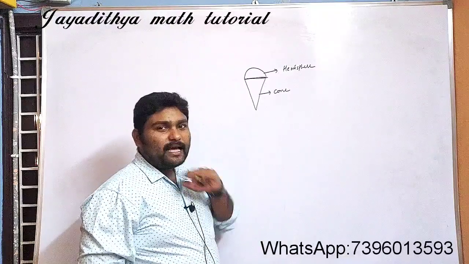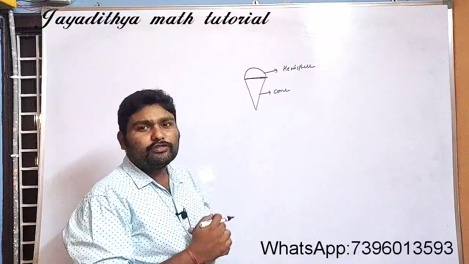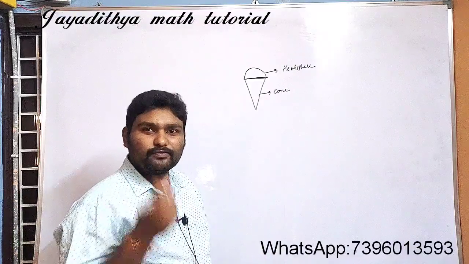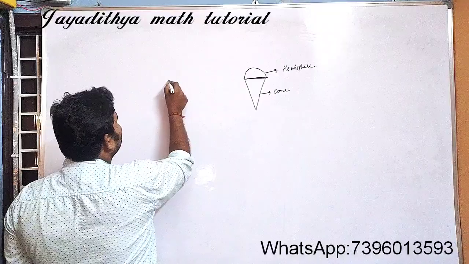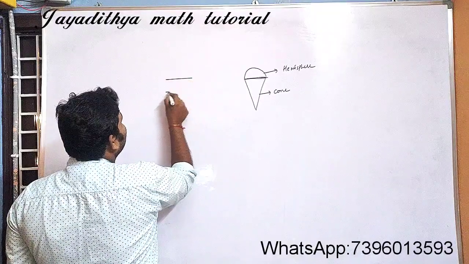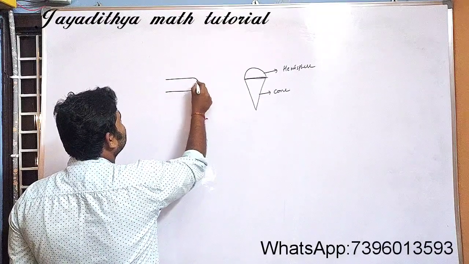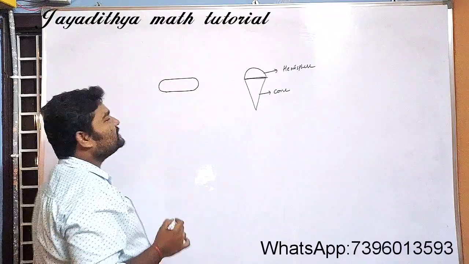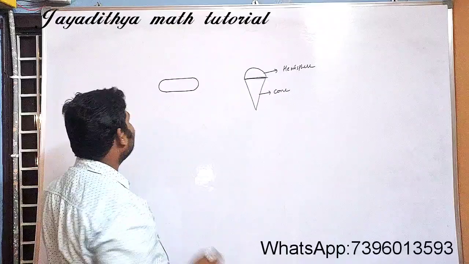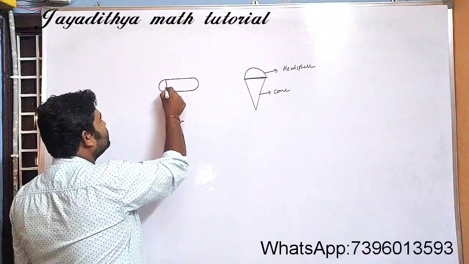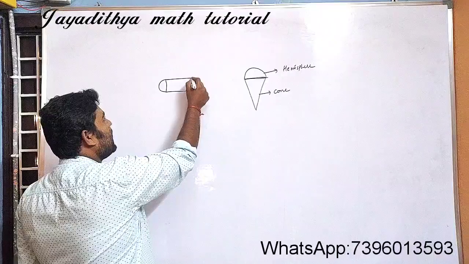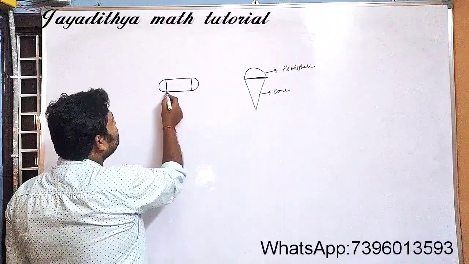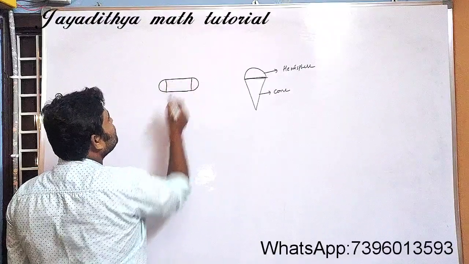You can also see some more examples, like a capsule, which we take when we have a fever or something. The capsule will be in this shape. You can think of this also as a combination of solids. Why? Because if you observe, here you have a hemisphere and here also you have one hemisphere, and in between you can see a cylinder.